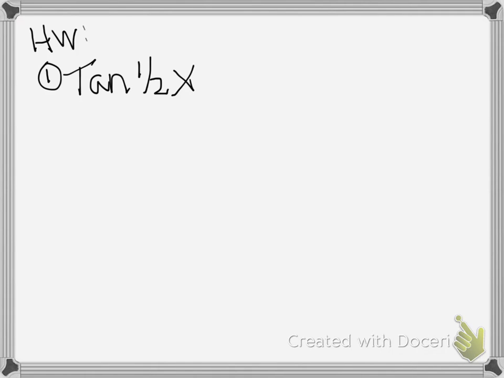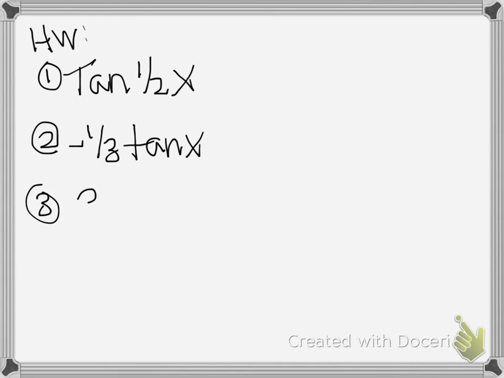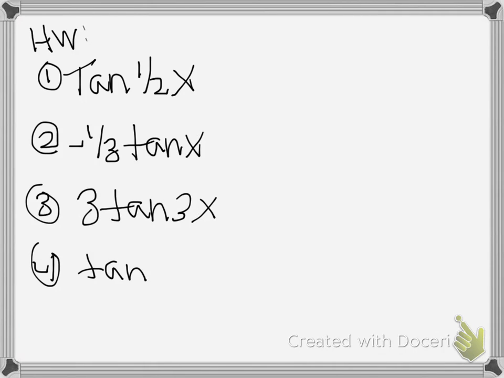So here's what I want you to do. 4 problems for homework, which you may be able to knock out in class as you're watching this video. 1, please graph the tangent of 1/2 x. 2, I want you to graph negative 1/3 tan x. 3, tan 3x. And 4, the tangent of pi over 2 x.